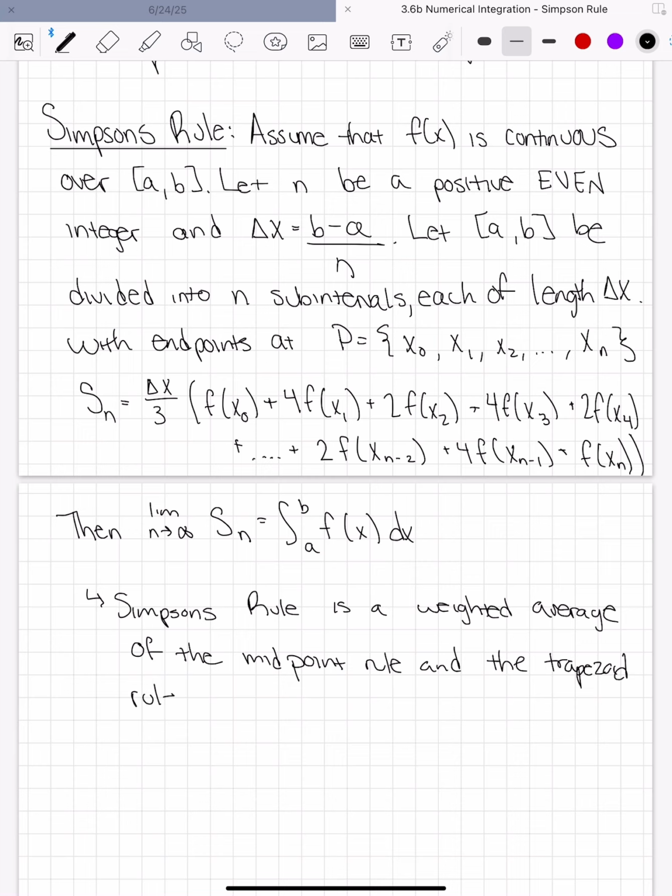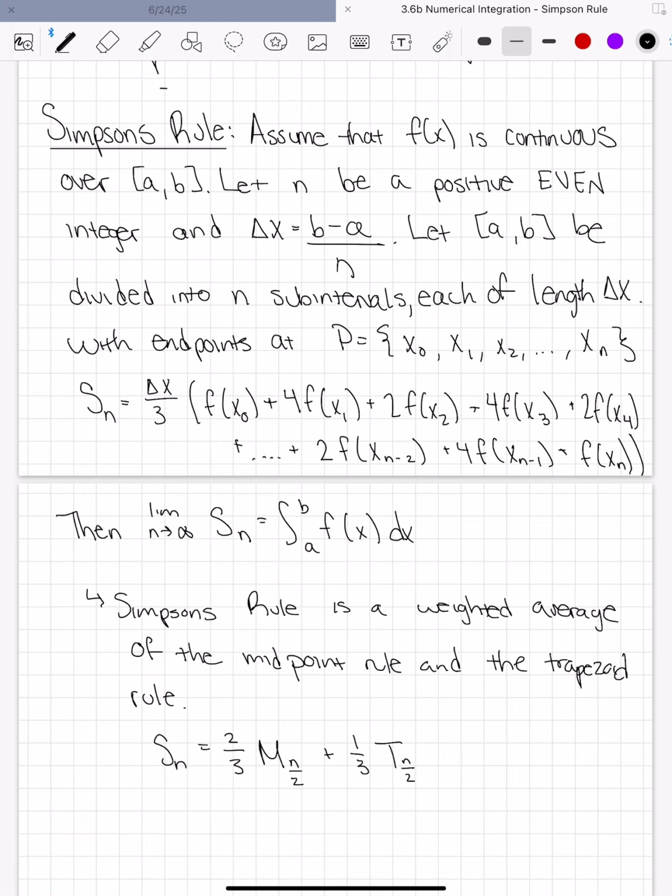And this formula for Simpson's Rule shows us that you do 2/3 times the midpoint rule for half of the intervals that you want to do Simpson's rule for, plus 1/3 times, again, half of the intervals, the trapezoid rule.